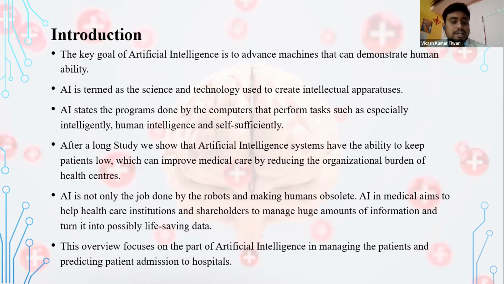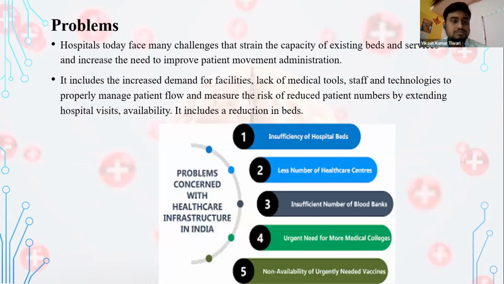AI is termed as a science and technology used to create an intellectual apparatus. AI also refers to programs run by computers that perform tasks intelligently, like a human. Nowadays many operations and works are going on, but machines can do them intelligently in a short period of time, while a human can take a long period of time.